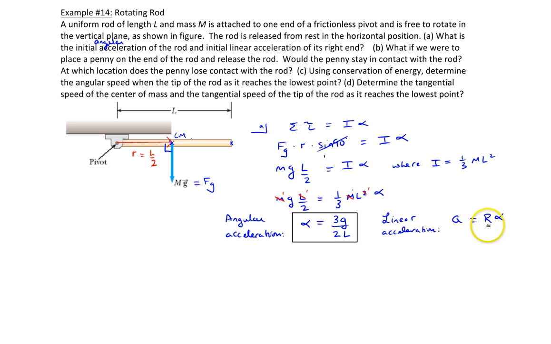And in this case, r would be the distance all the way to the other end, which is going to be L, and alpha is what we just derived as 3g all over 2L. And so you can see the L's will cancel out, and the linear acceleration will be equal to 3/2 of g.